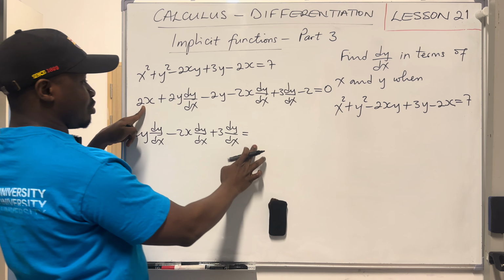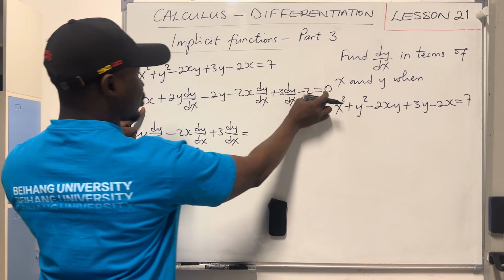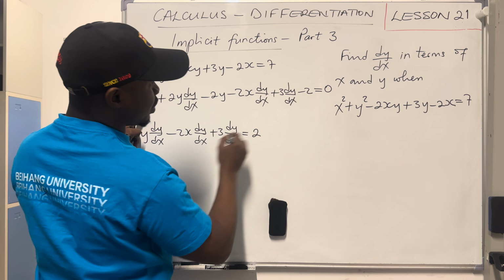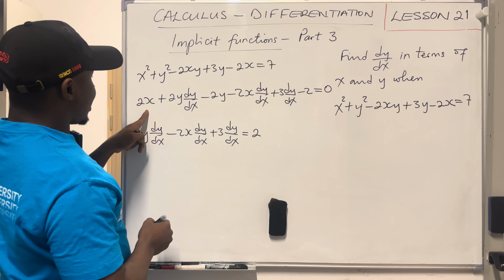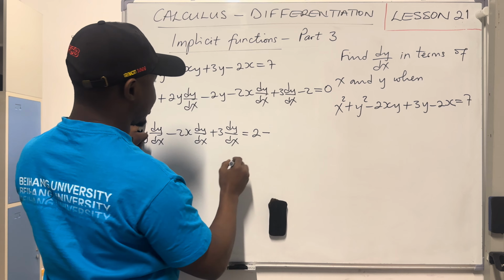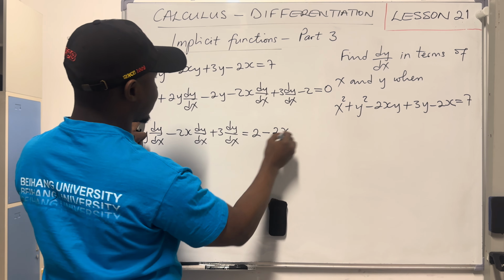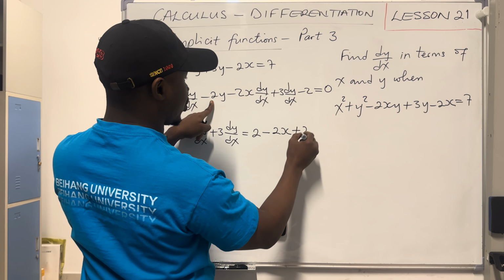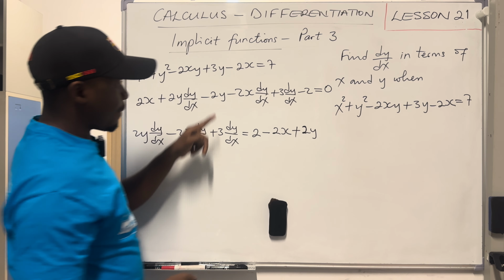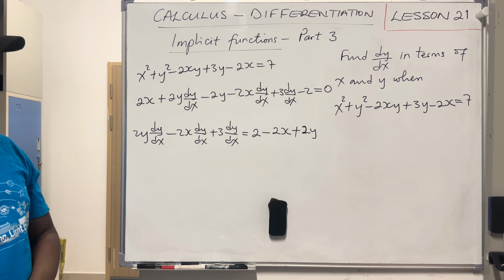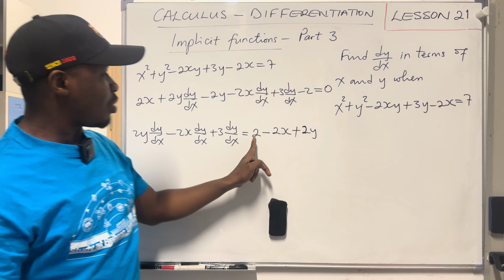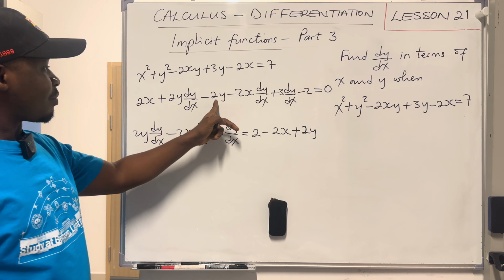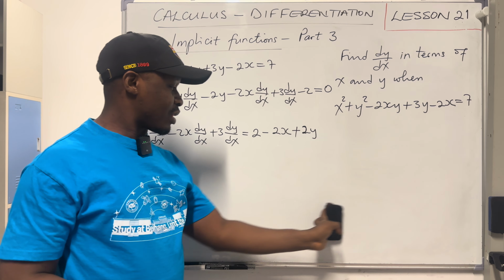Starting with this, minus 2 goes with positive 2. Now this can go with minus 2x, and this goes with plus 2y. I hope it is clear.